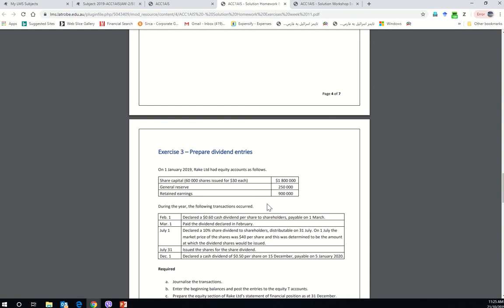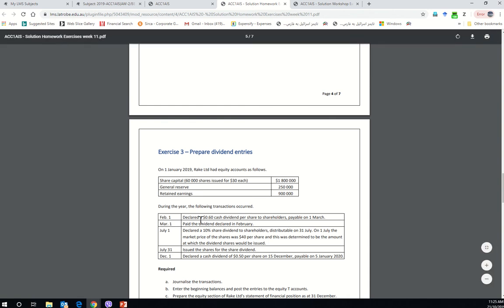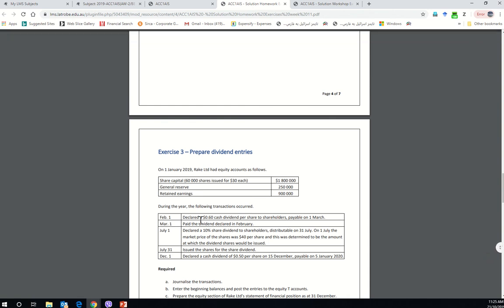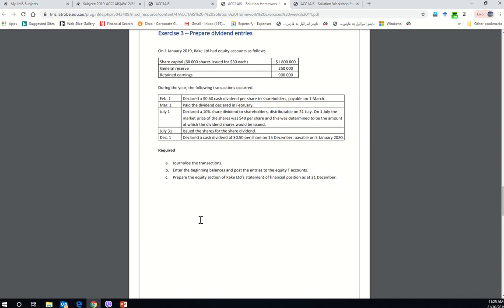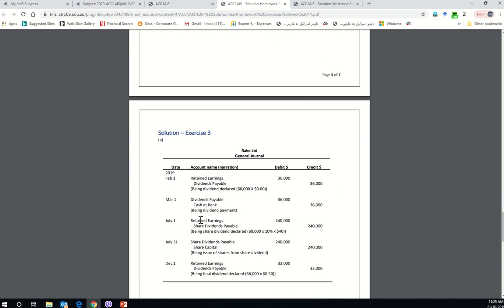So effectively the company is issuing more number of shares, right? Total equity does not change, only the company issues more number of shares when the company issues share dividend, right? But when the company is paying cash dividend, obviously total equity decreases. Basically, you're paying cash, right? So your retained earnings does decrease, which affects your total equity.